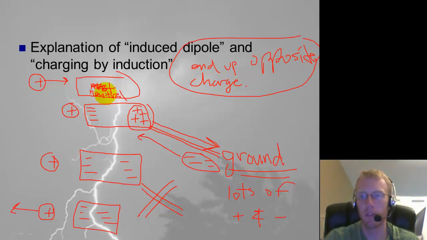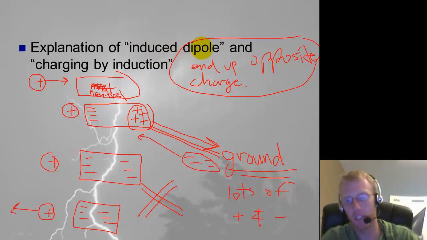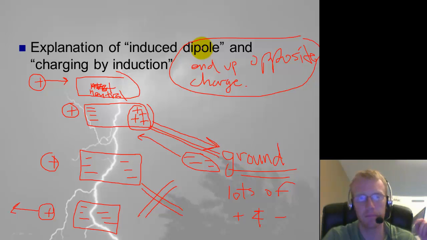So you should try to understand and kind of memorize, or if you understand it, you don't have to memorize, this process of charging by induction, and how it uses the concept of an induced dipole, which is the separation of charges to the two sides.